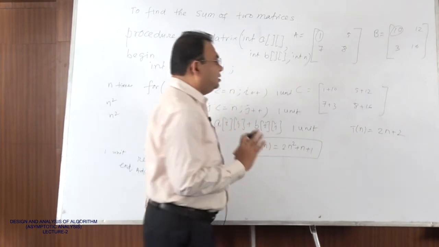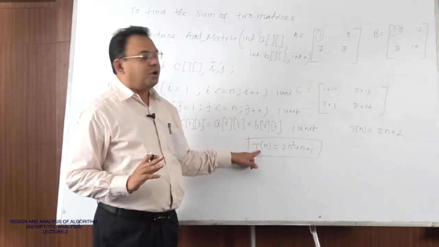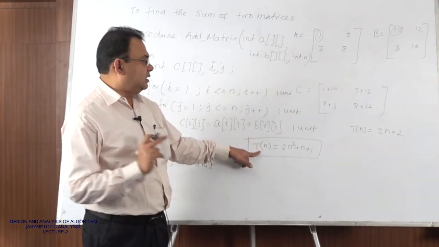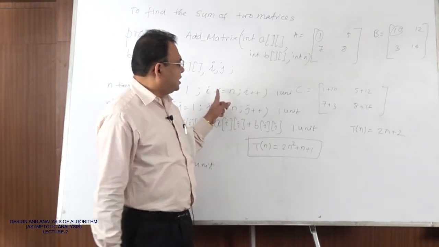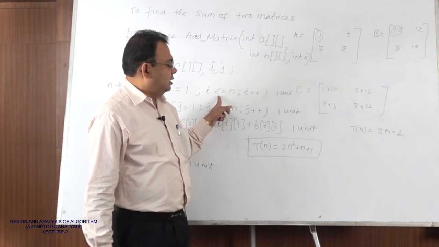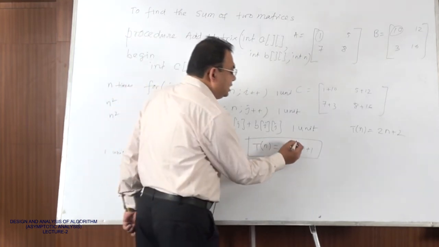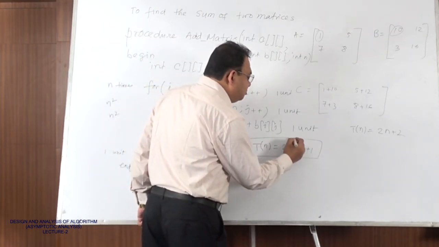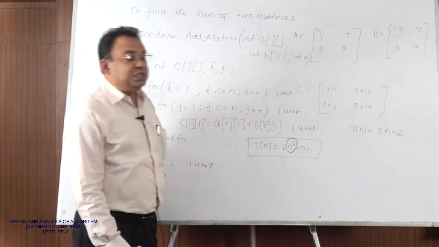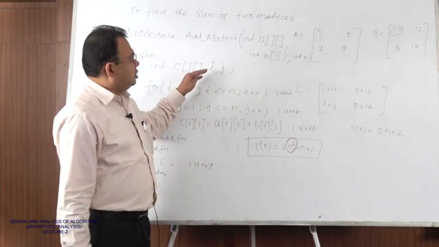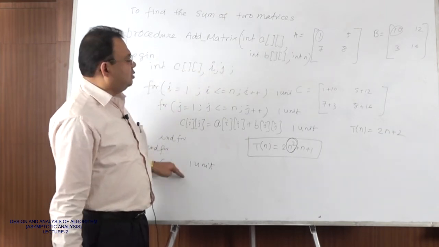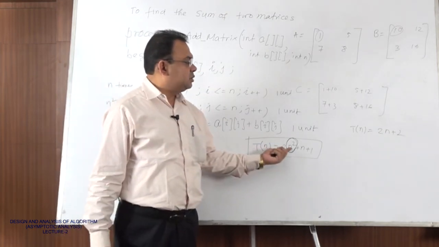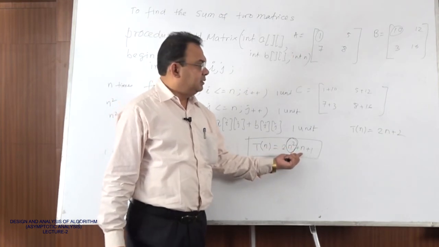If I compare these two problems, it is very clear that for this algorithm, matrix addition, the running time is dominated by the term n square. So the number of units consumed to complete this execution is proportional to n square, not n.